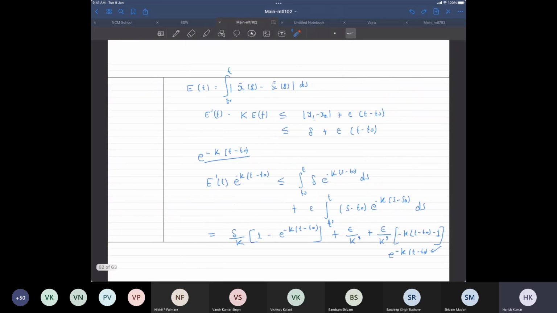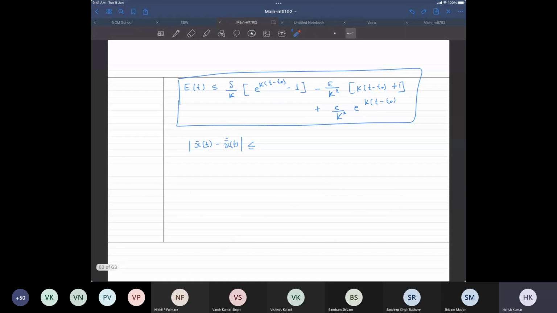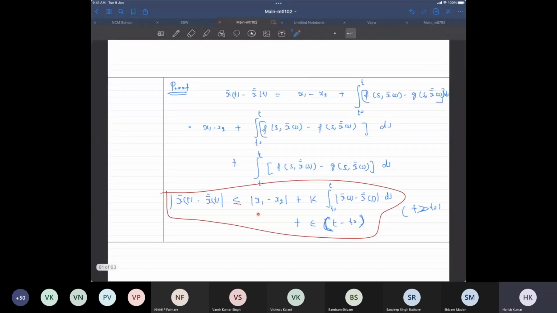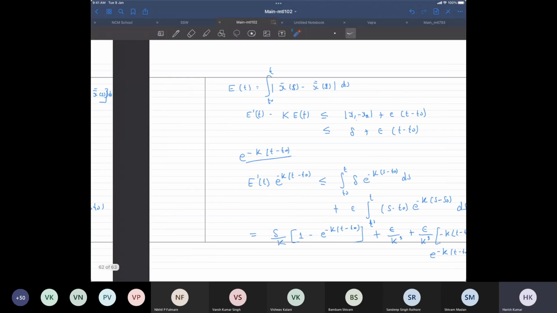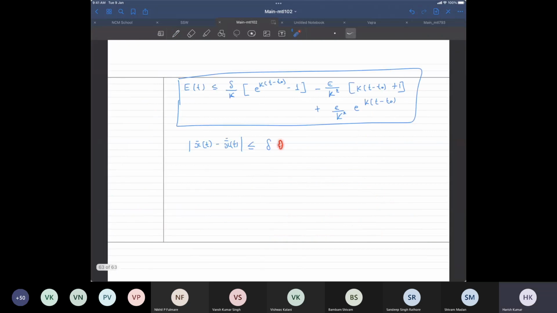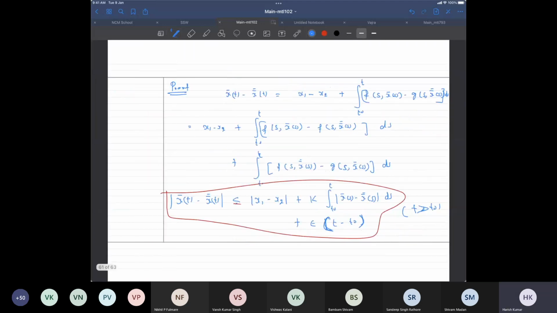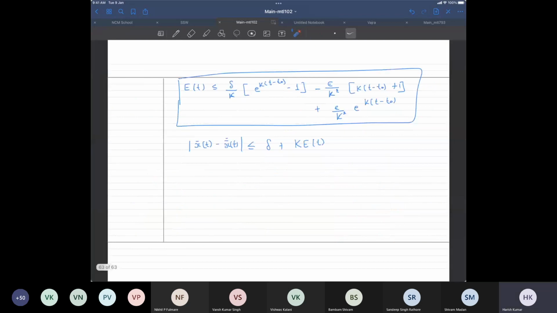Okay, so this will be delta, this is delta, this is k times E of t. Okay, and the last term is nothing but epsilon times t minus t naught. Okay, so plus epsilon times t minus t naught.